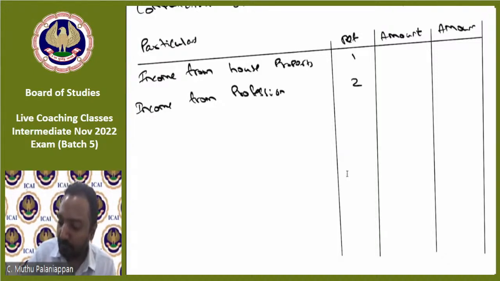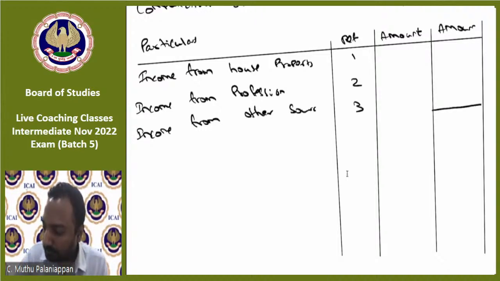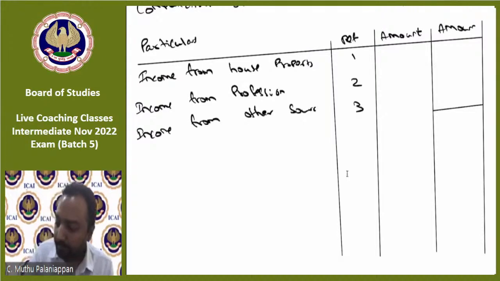Okay, now you add income from other sources also, correct? So income from other sources, we'll do in 3. So with this you'll get gross total income.